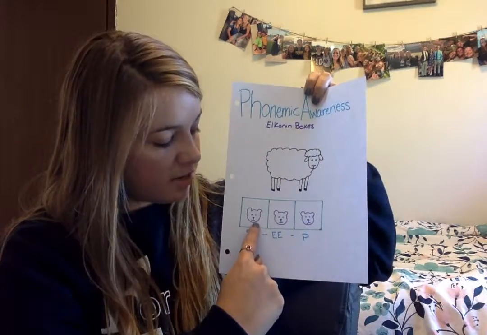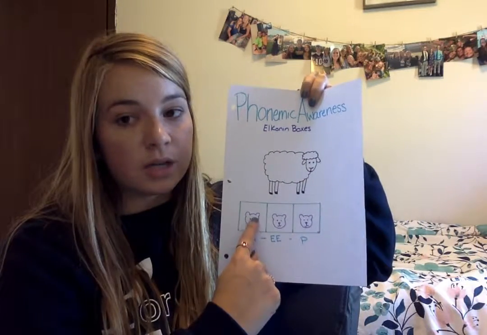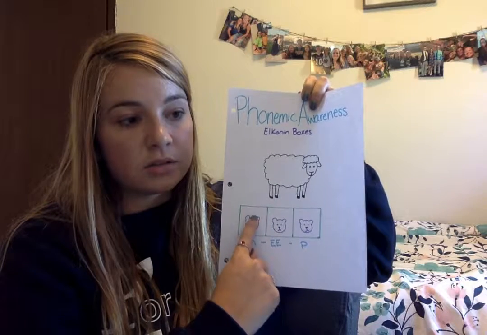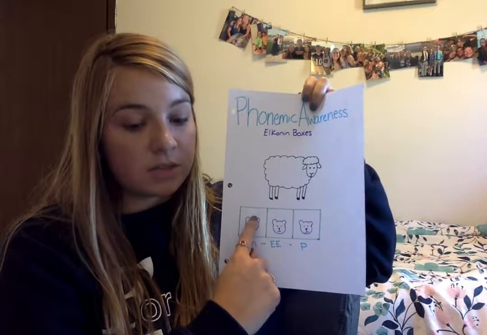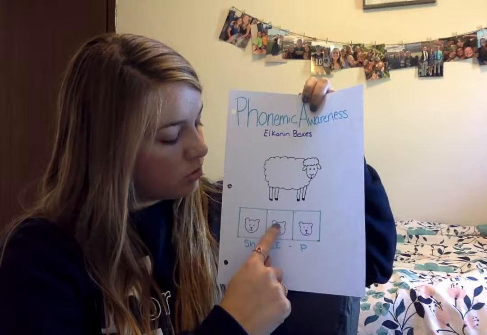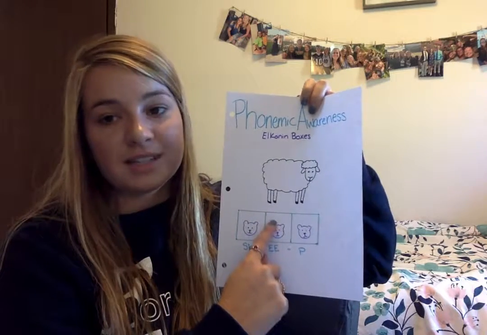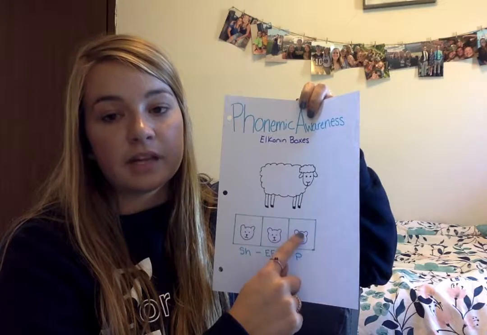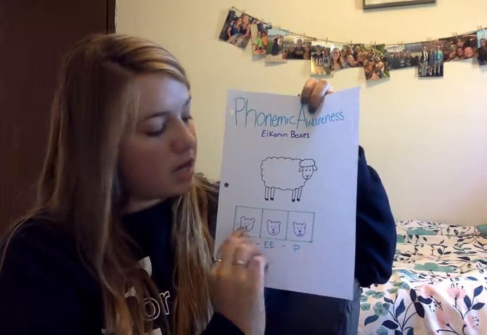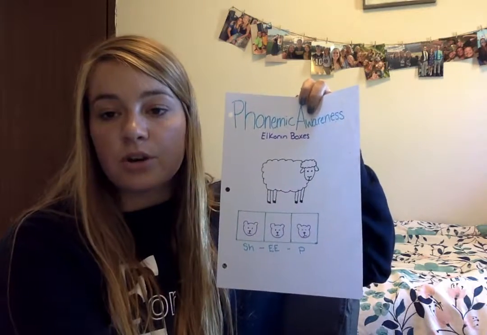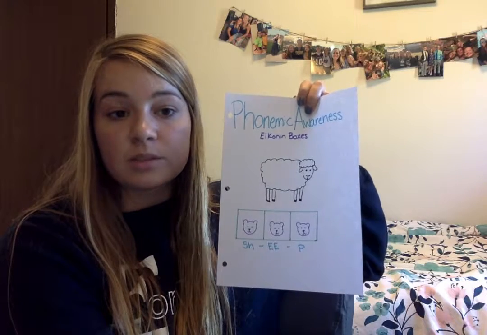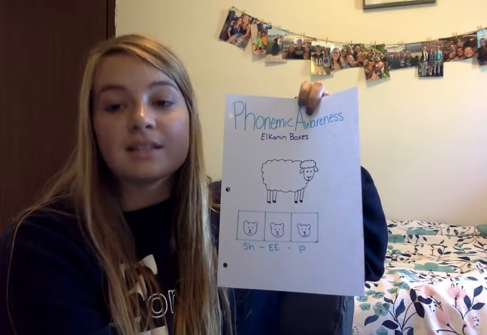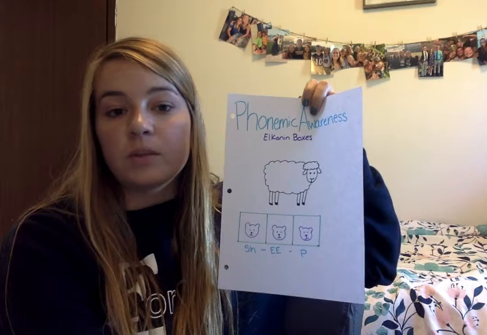Each of your sounds, you're going to draw one color in your first box for sh, draw another color in your second box for E, and then draw a different color in the last box for P. So this just helps us show and realize that there are multiple sounds even within a one-syllable word.